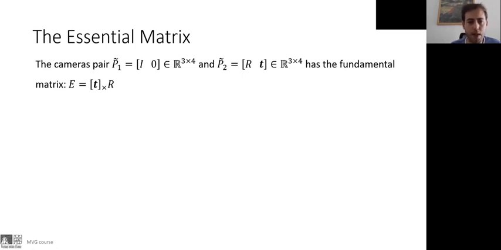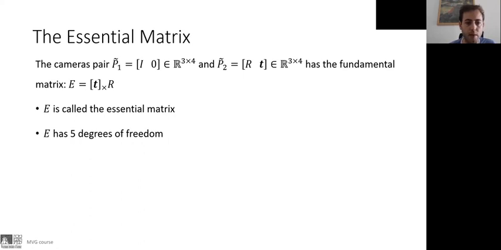Okay, so what's special about this matrix? First, it has a special name. It's called the essential matrix. And another interesting property is that it has only 5 degrees of freedom instead of 7. Can someone think of why it has only 5 degrees of freedom? It certainly has something to do with R being a rotation matrix.